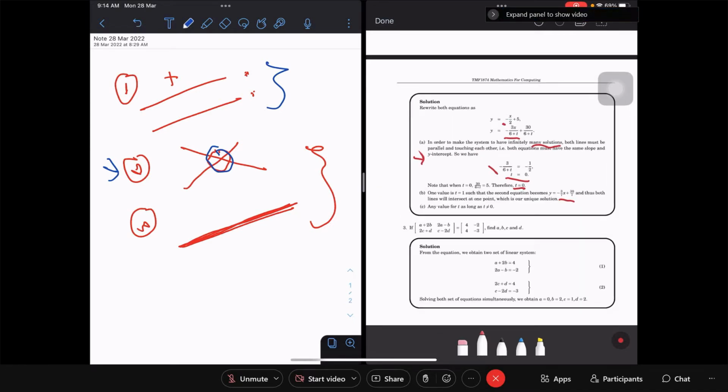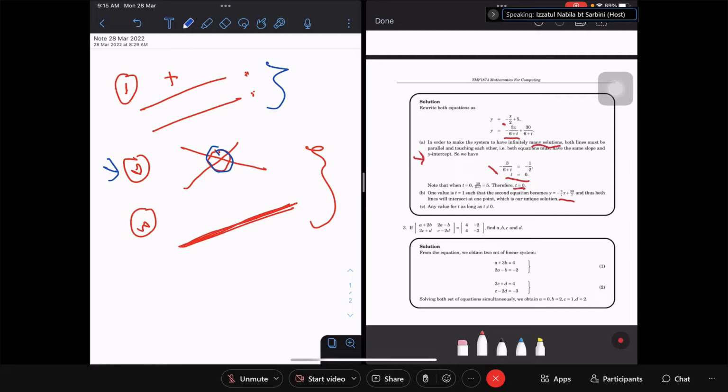Basically, you need to understand consistent and inconsistent, what situation is consistent and what situation is inconsistent. So always remember, consistent if the system has a solution. It doesn't matter whether it is many solutions or a unique solution.